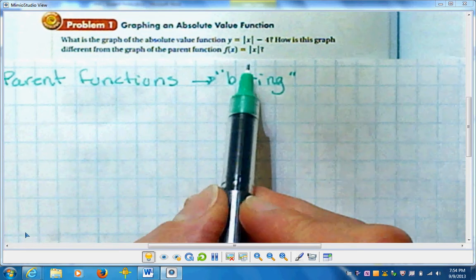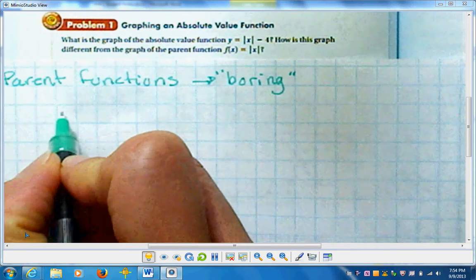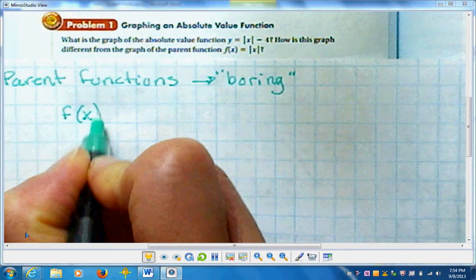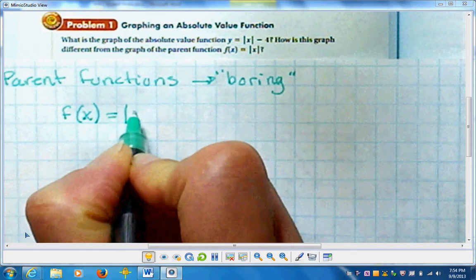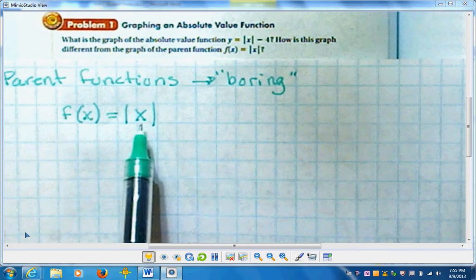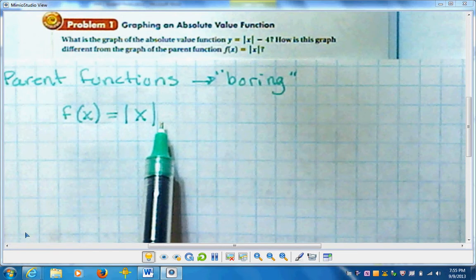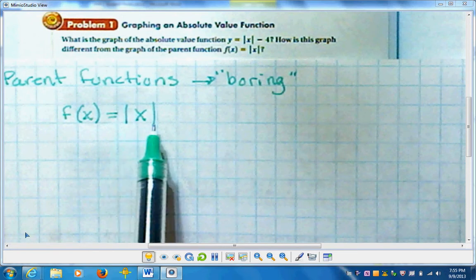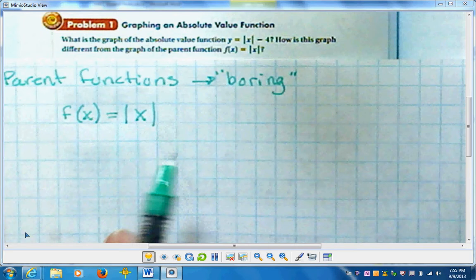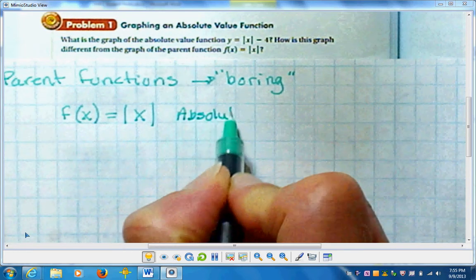So if we look at the difference between this one and this one, we can see f of x is simply the absolute value of x. There's nothing being added to the x on the inside, there's nothing being added to the absolute value, there's nothing being multiplied, nothing. This is just simply absolute value.